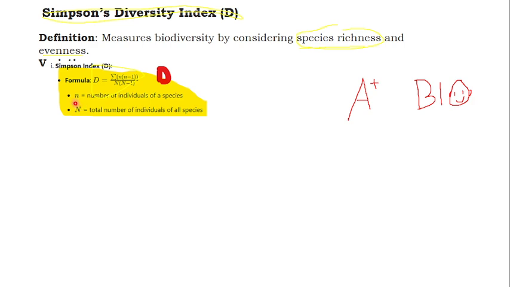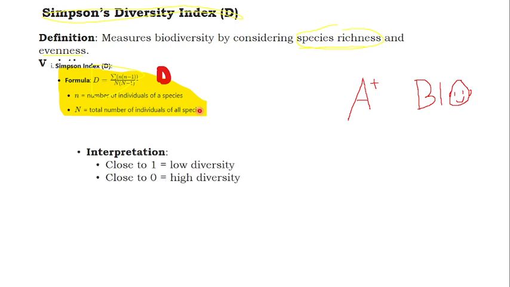Small n is the number of individuals of each species, which relates to species evenness. Capital N is the total number of individuals of all species.